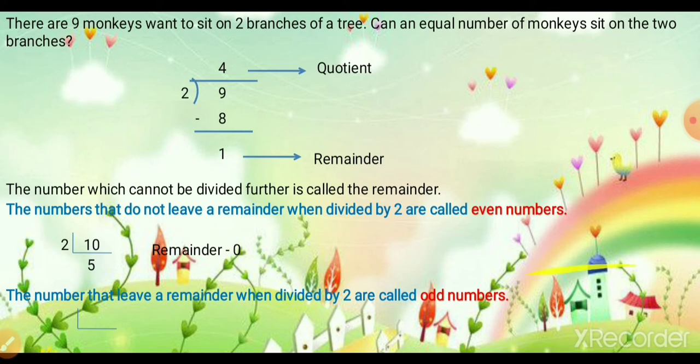For example, 11 by 2. 2 5s are 10. So, remainder will be 1. So, 11 is an odd number. We know that the numbers which end with 2, 4, 6, 8 are all even numbers and the numbers which end with 1, 3, 5, 7, 9 are all odd numbers.